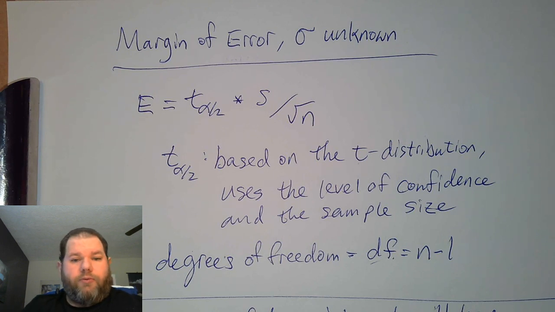Now we can write that in one of two ways. We can either say x bar minus e comma x bar plus e, as this would be an interval notation.